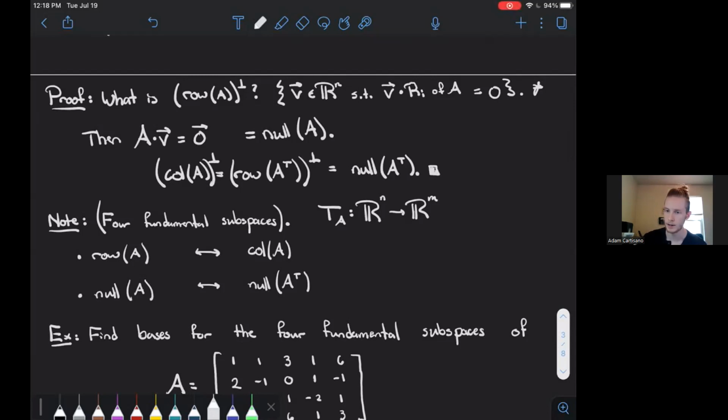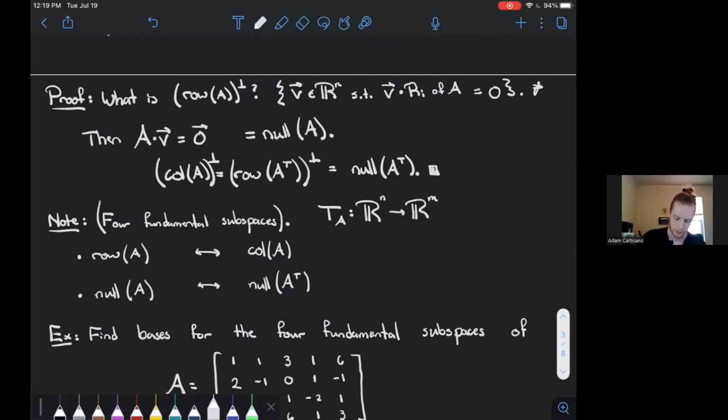But right, you just have to make sure that your dimensions are matching up. Okay, so there are four fundamental subspaces of the matrix corresponding to this linear transformation. Two of them are subspaces of Rn, which are orthogonal complements to one another. The other two are orthogonal complements in Rm.